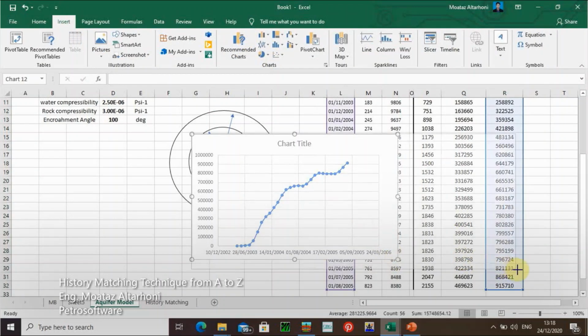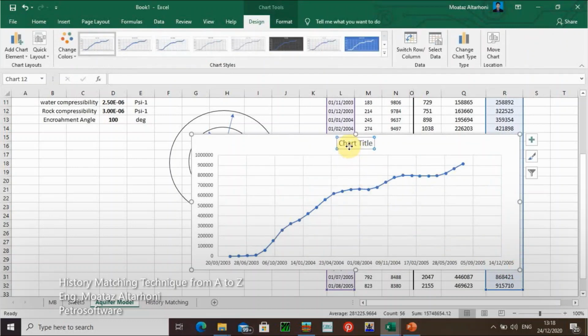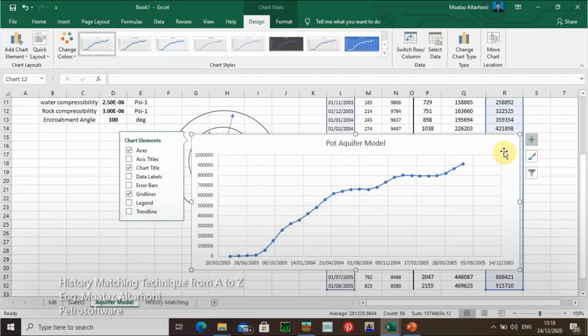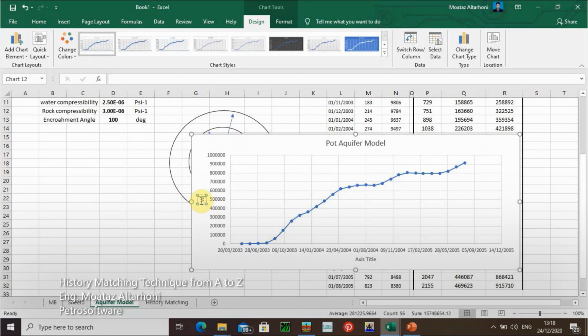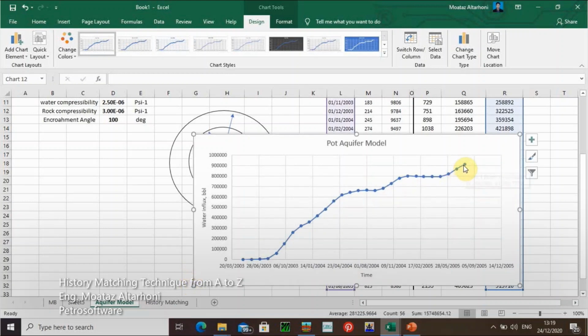Okay, I can see now how much volume of water, per the Pot Aquifer Model. A huge volume. I am very interested in these barrels over time. I hope this can help me in the history matching technique.